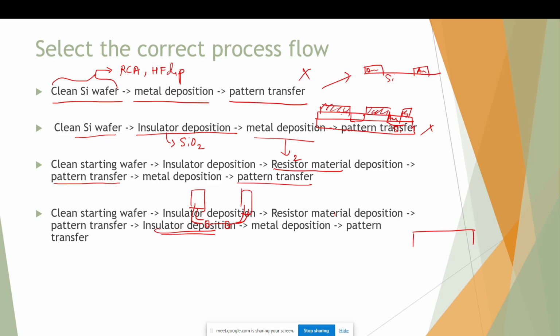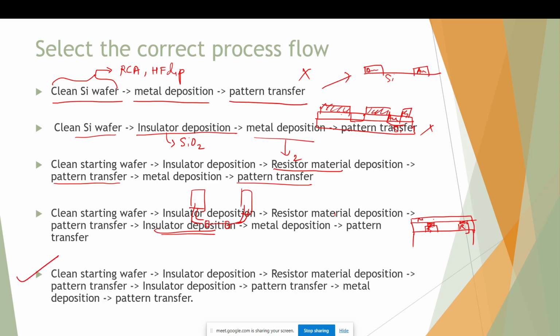So if this is my resistive metal and I put an insulator layer on top of it, and then I put the non-resistive metal, directly putting it doesn't work. We have to first pattern this insulating layer to open these regions, so that this metal forms a contact with the resistive material. That's why the correct process flow is this.